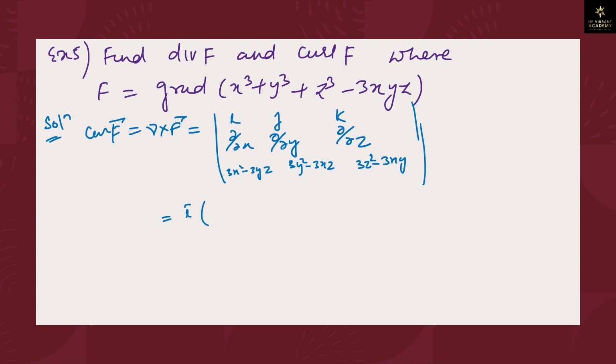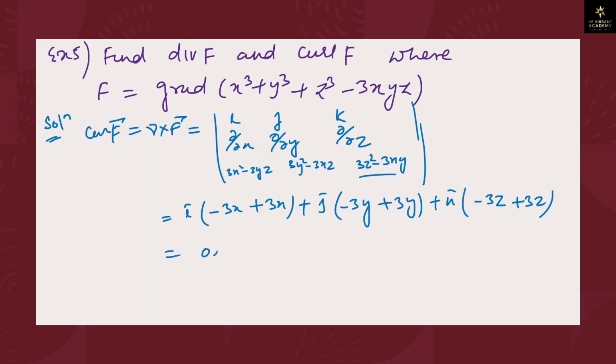This is equal to i cap times of, this is del upon del y of this one, so this is minus 3x, and this is del upon del z, so this is plus 3x, plus j cap times of, this is minus 3y and this is plus 3y, plus k cap times of, this is minus 3z and this is plus 3z.